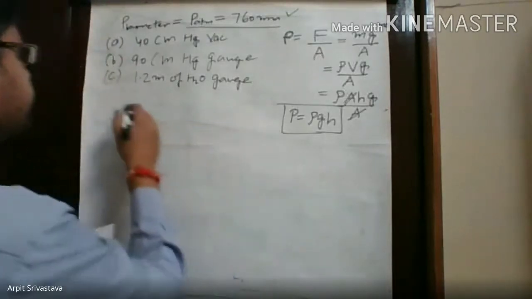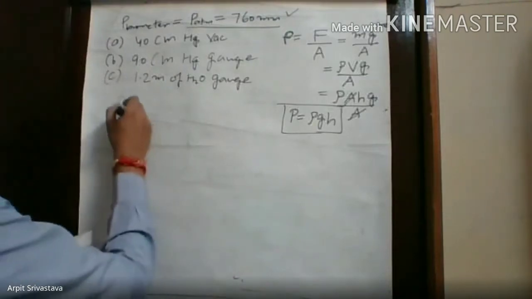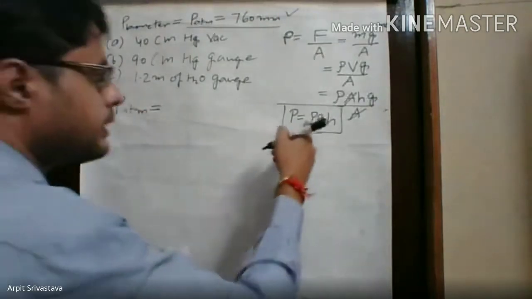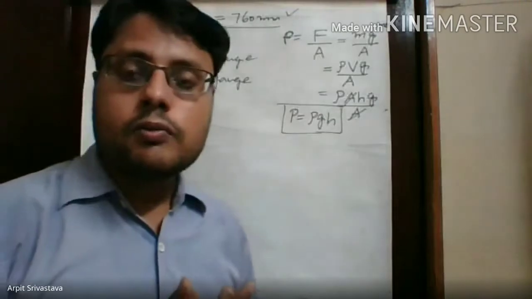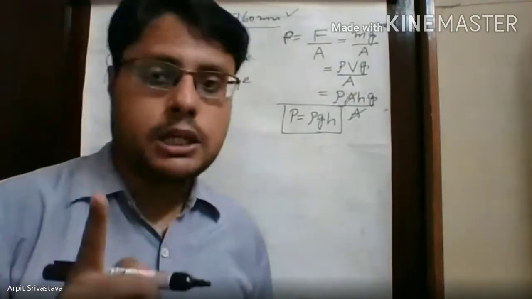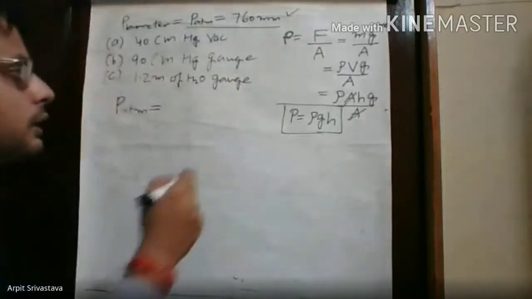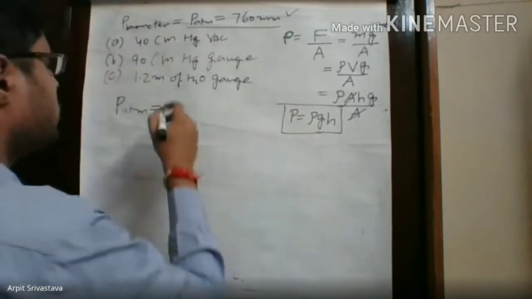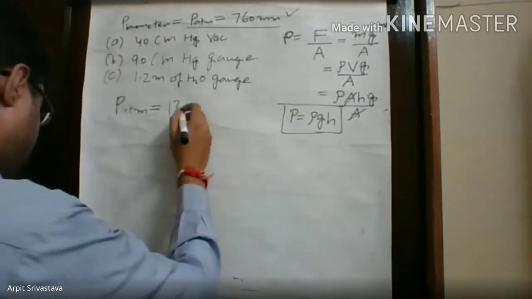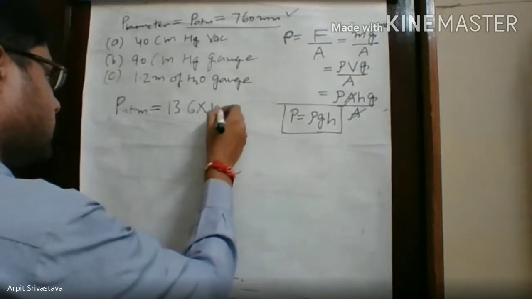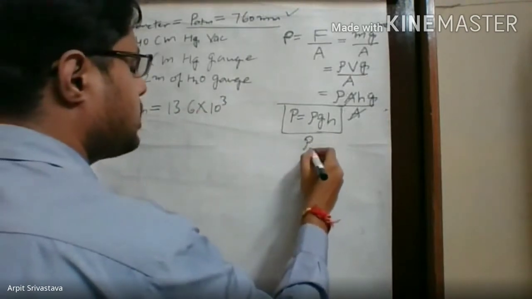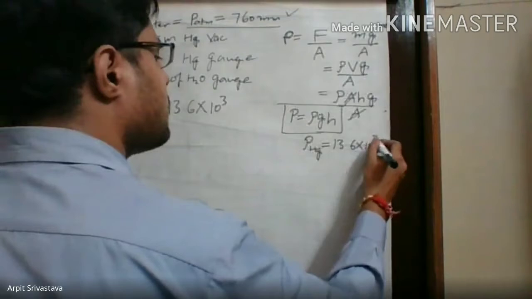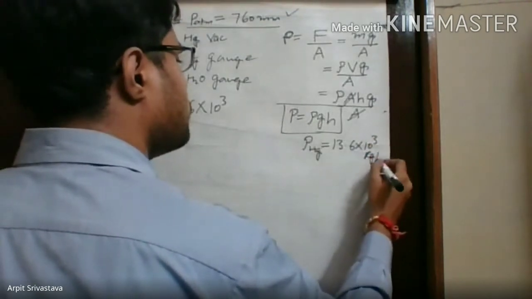So P atmospheric is equal to density. Density of which substance? We are talking about 760 mm of Hg, so we have to consider the density of mercury, that is 13.6 into 10 to the power 3 kg per meter cube.